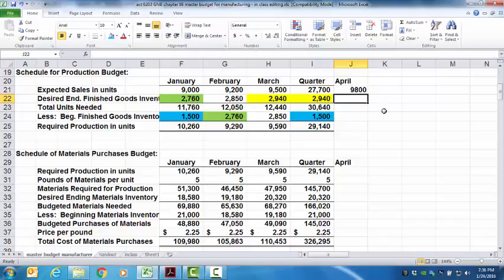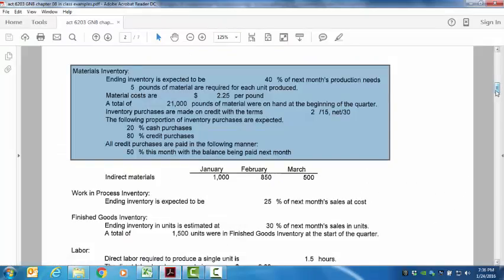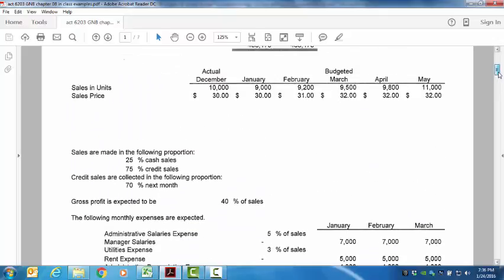So when I look at April over here, we need to know, well, how much do you want to have on hand, which would be the desired. And we had said over here that we wanted 30% of the next month. Well, the next month after April would be May. And so if I go back to that data sheet, you can see that we do have May's data, which would be 11,000 units.